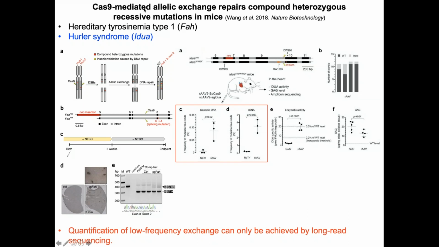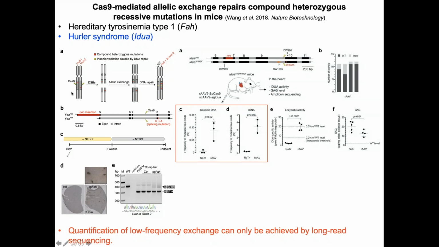What he was interested in developing is a Cas9 mediated allelic exchange strategy to repair compound heterozygous recessive mutations. Compound heterozygous mutations are a class of recessive mutations that are typified by two individual mutation types on the same gene.